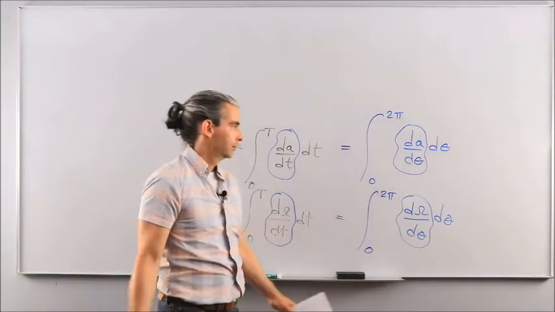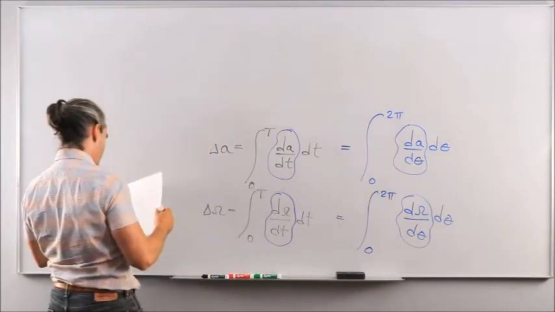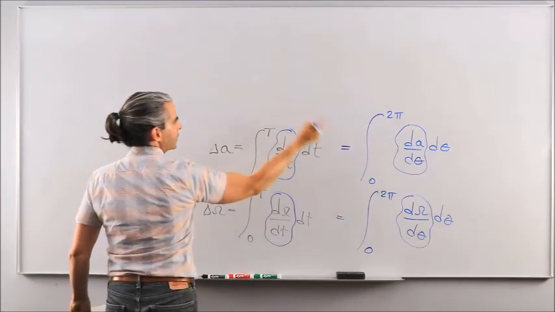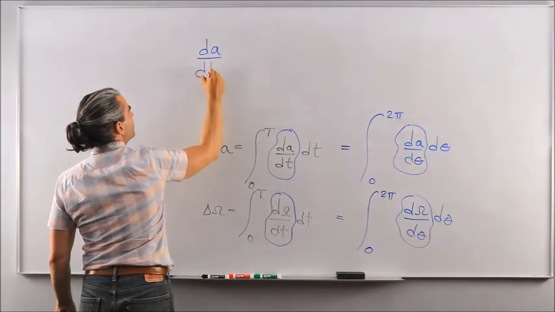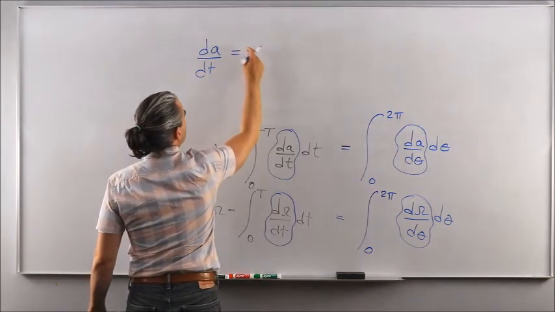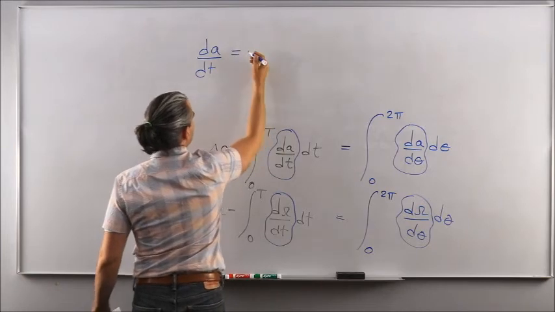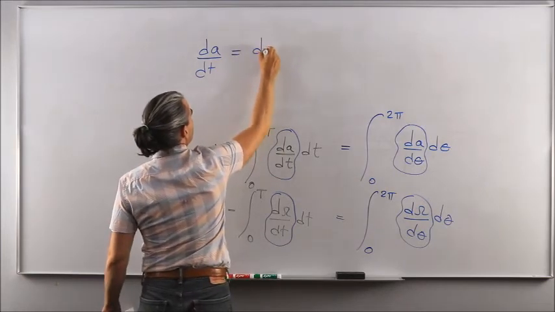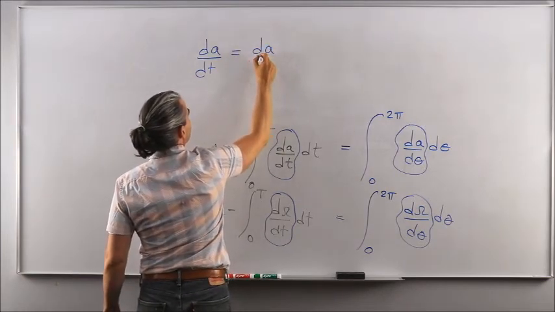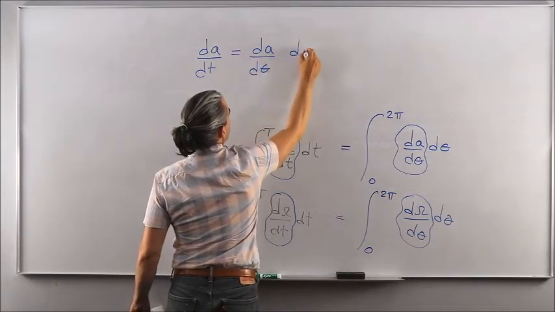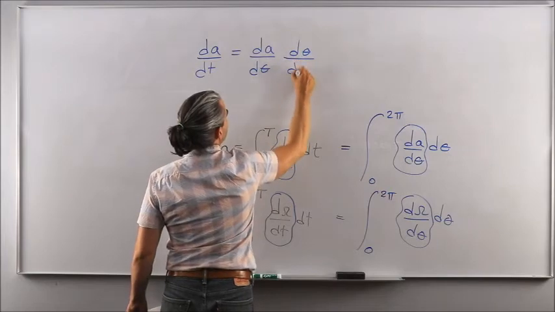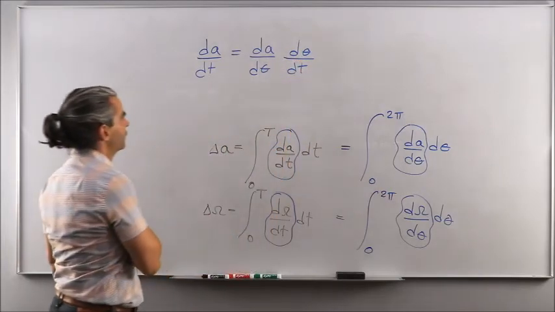What do we do? Well, you just have to remember that, if you look at semi-major axis for the following development, dA dt through a simple multiplication can be obtained as dA d theta times d theta dt. It's the same thing.